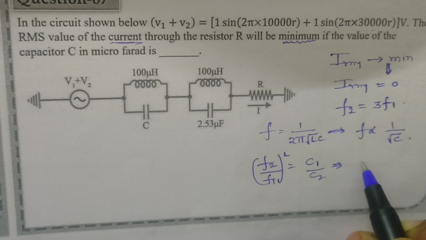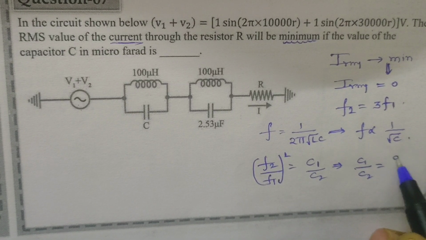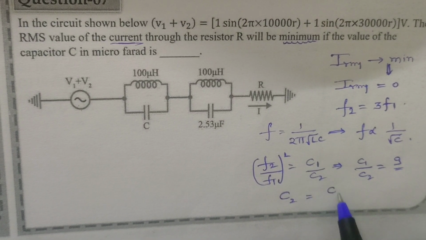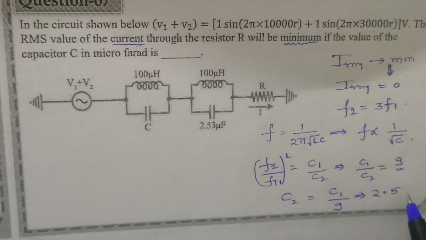That implies C1 by C2 is equal to 9. So C2 is equal to C1 by 9, where C1 is 2.5.